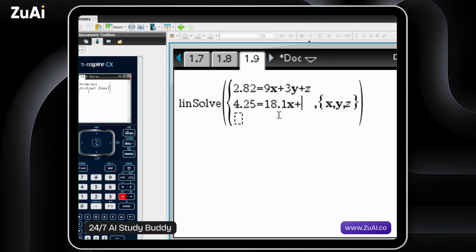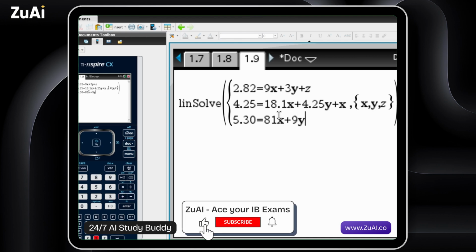X plus 4.25 y plus z, and then let's see, 5.3 is equal to 81x plus 9y plus z.